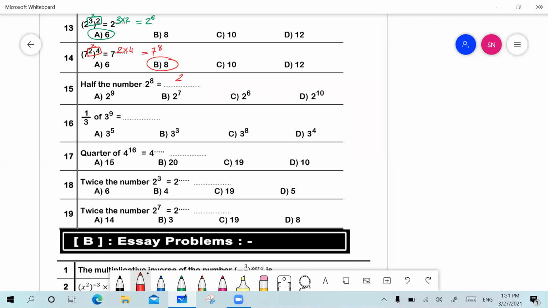Exactly, it's 2 to the power of 8 divided by 2. So it's equal to 2 to the power of 8 minus 1. So it's equal to 2 to the power of 7. Exactly, thank you so much, dear. You're welcome. The correct answer is 2 to the power of 7, which is number B.